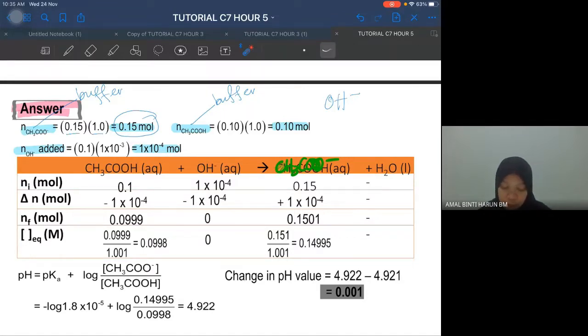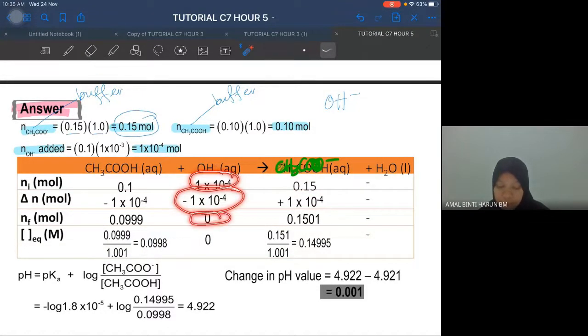Okay. So initially as the number of mole acid yang memang sedia ada adalah 0.1 mole. Kemudian base yang ditambah adalah 1 exponent -4 mole. Kemudian originally kita ada salt sebanyak 0.15. Now semua base yang ditambah ini telah dineutralkan.